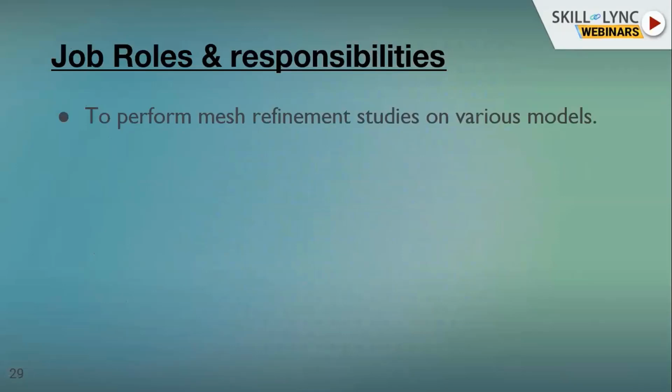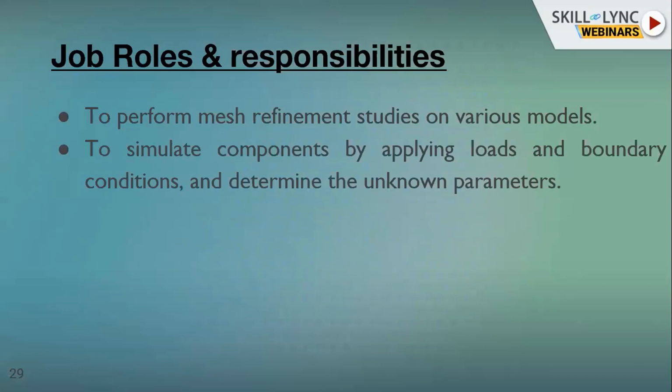The next question that comes is how the roles and responsibilities of this CAE domain expert will be. The first is, he or she will perform different measures on different geometries. I have given Wipro as an example in the case of simulation. It uses not less than 50 employees to work on this particular task.